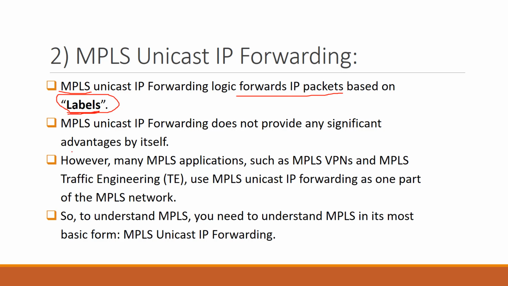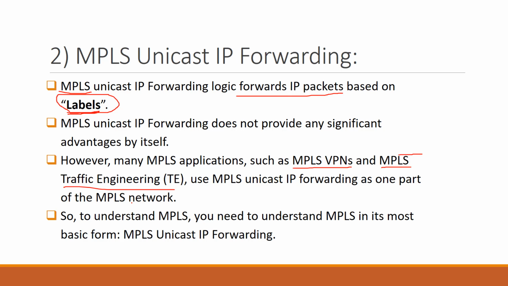Actually, MPLS Unicast IP forwarding does not provide any significant advantages by itself. So why are we discussing it here? We are discussing it because many applications such as MPLS VPNs and MPLS traffic engineering use MPLS Unicast IP forwarding as one part of the MPLS network.